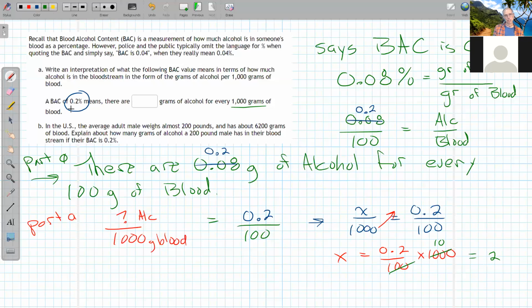So if somebody has a BAC of 0.2, then there are 2 grams of alcohol for every 1,000 grams of blood.